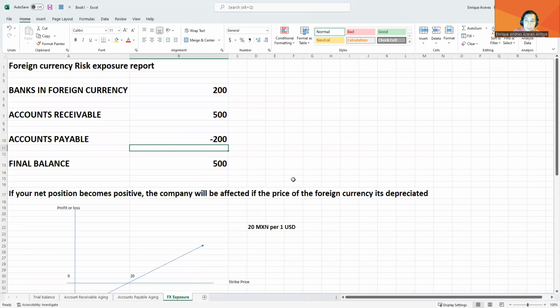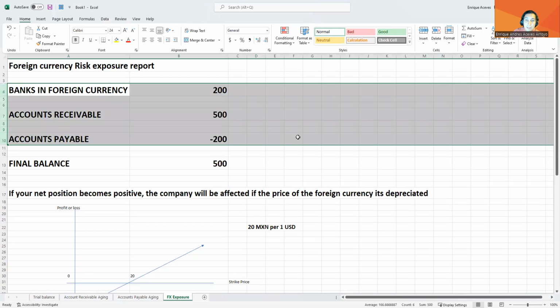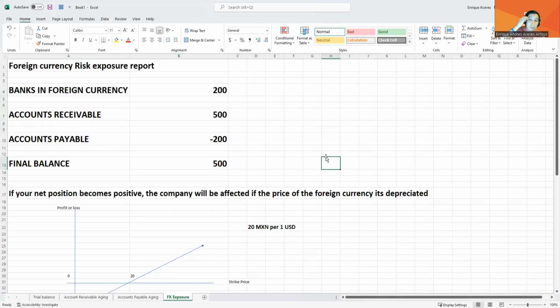in your report. So as you figure out, this foreign currency risk exposure report only has influence from the balance sheet accounts. You don't have to add profit and loss accounts into this, guys. It's only a matter of balances. Okay, and we will review two cases.